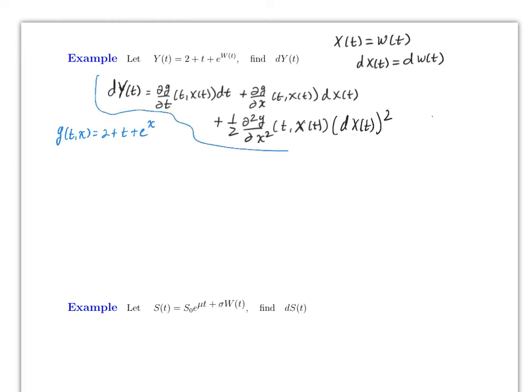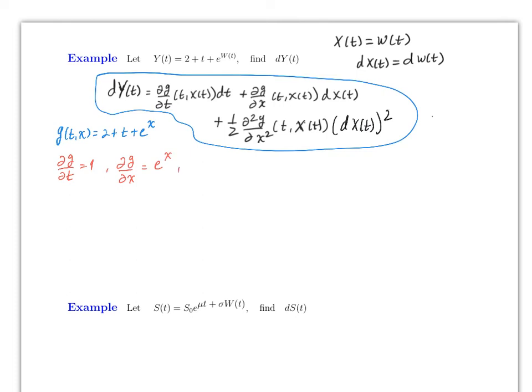All right, so we need to take the partial derivatives just like in the previous example. The derivative of g with respect to t will be 1 in this case. The derivative of g with respect to x will be just e to the x, and the second derivative of g with respect to x is also going to be just e to the x.